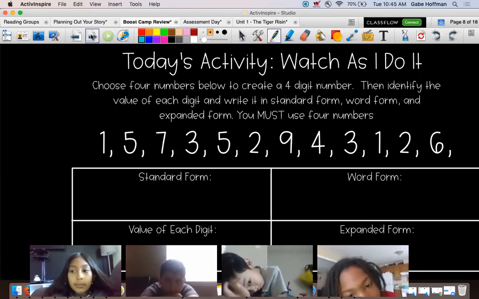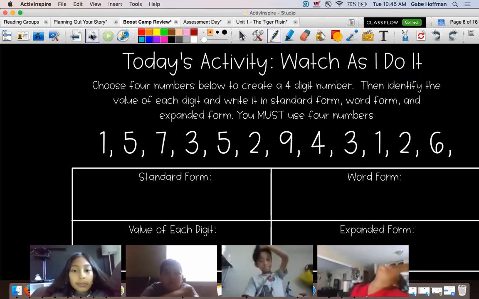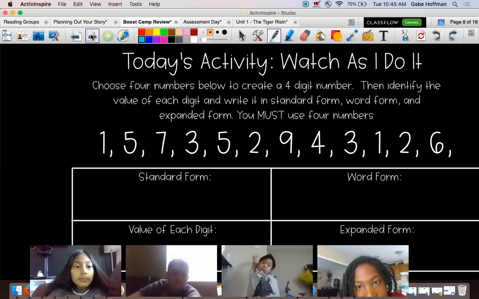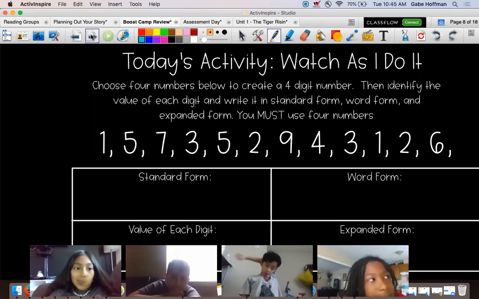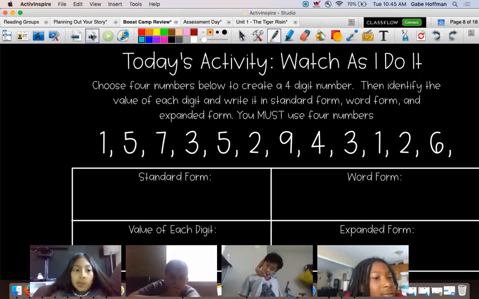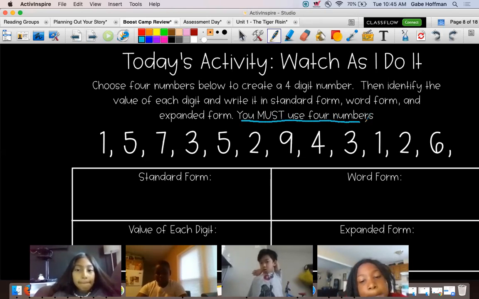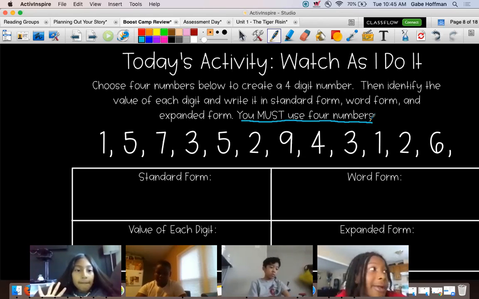4 numbers. How many numbers are you picking, Alex J? Seven. Nope. How many are we supposed to pick for this activity? We must pick 4 numbers.